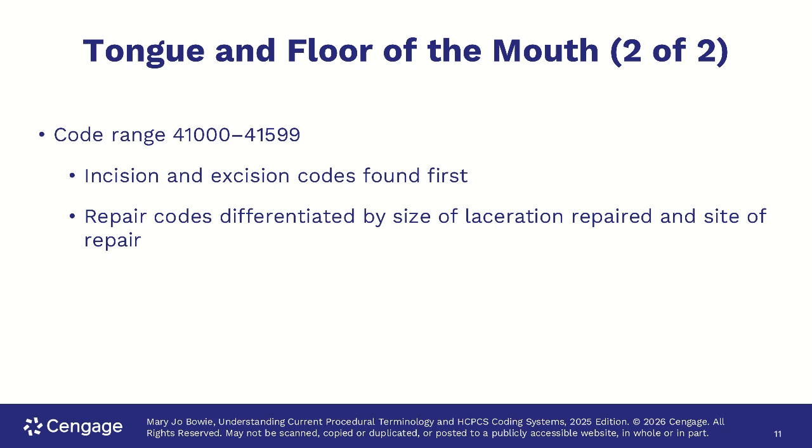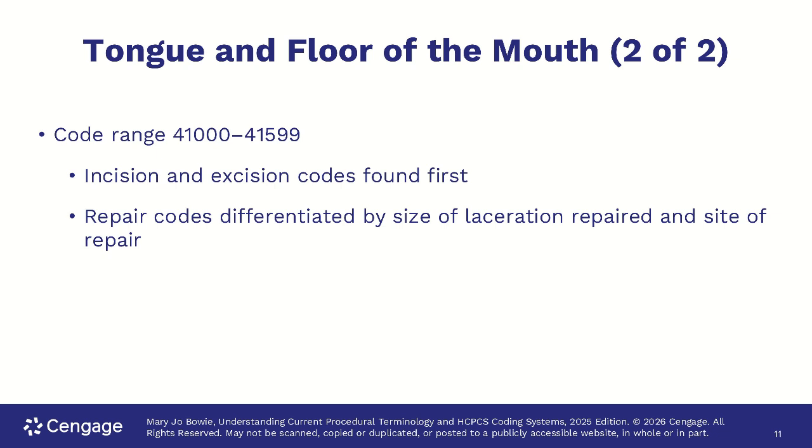So procedures that are incision and excision are what you are going to see first. You will see more incision and drainage codes over here. It's incision and drainage of an abscess, cyst, or hematoma, but it's about where these are.